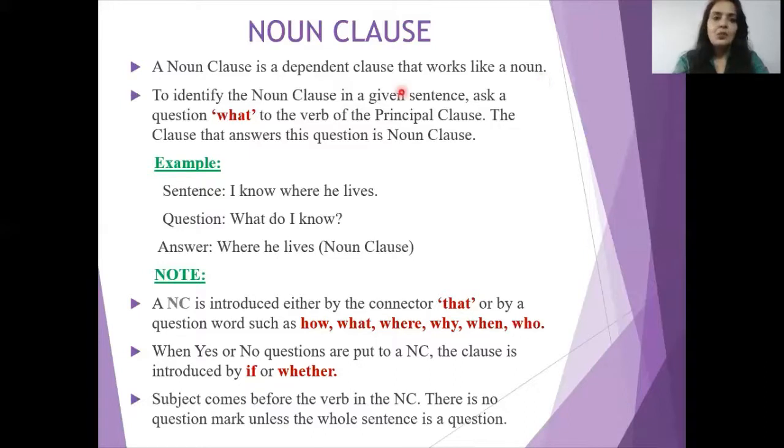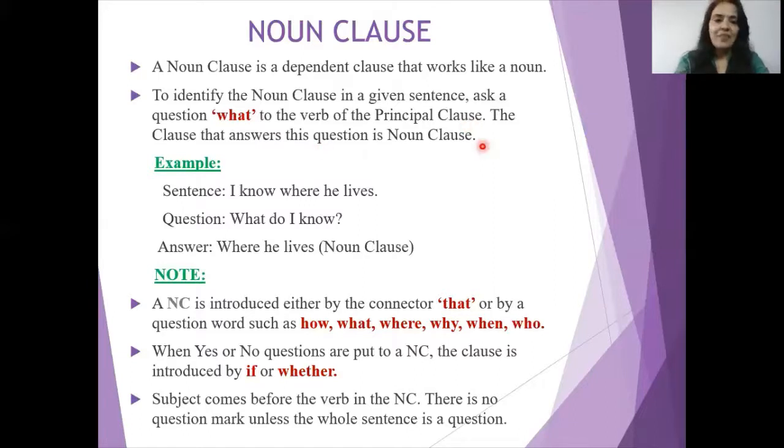To identify the noun clause in a given sentence, ask a question. This is a very important point. How will you recognize it? You should ask the question What, to the verb of the principal clause. The clause that answers the question is the noun clause.